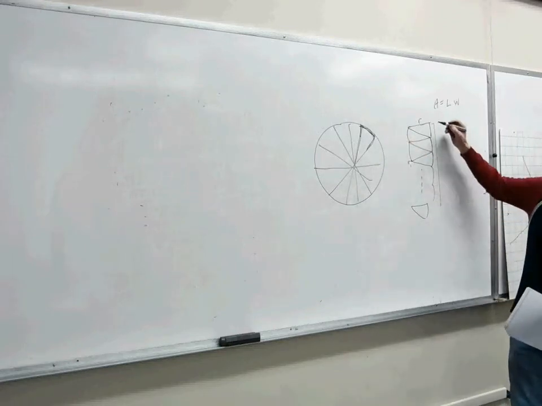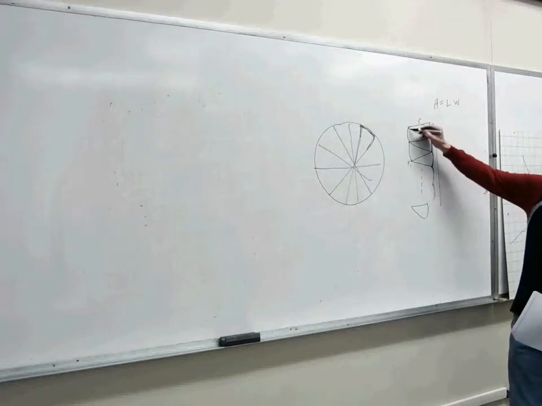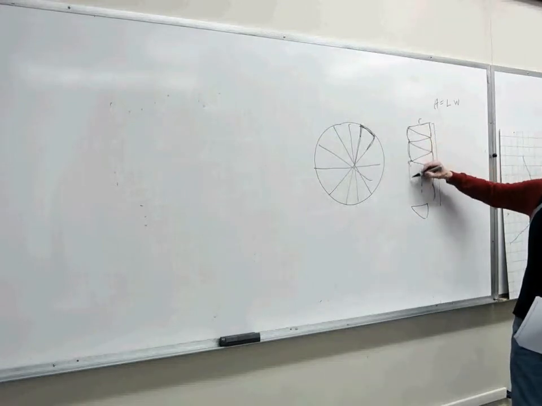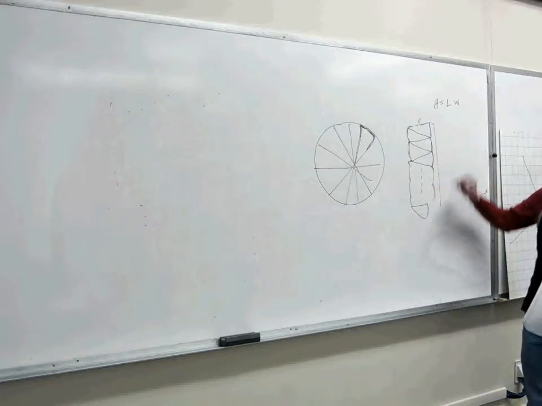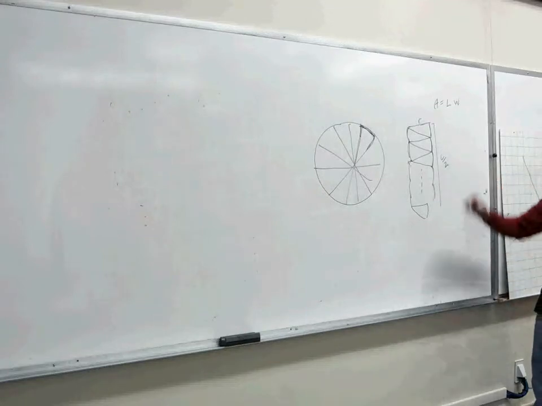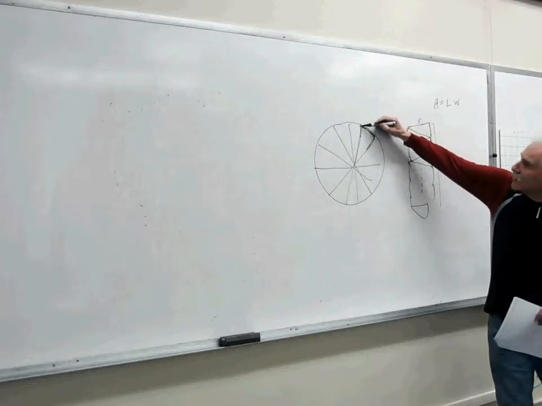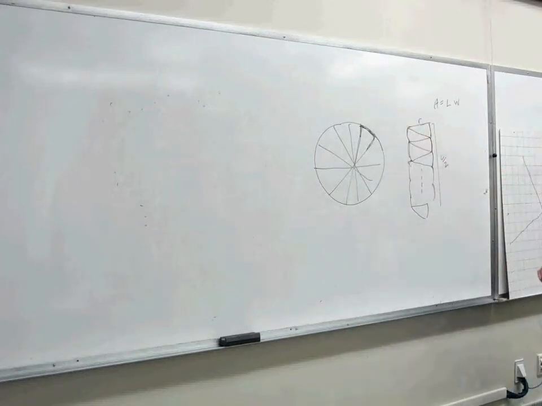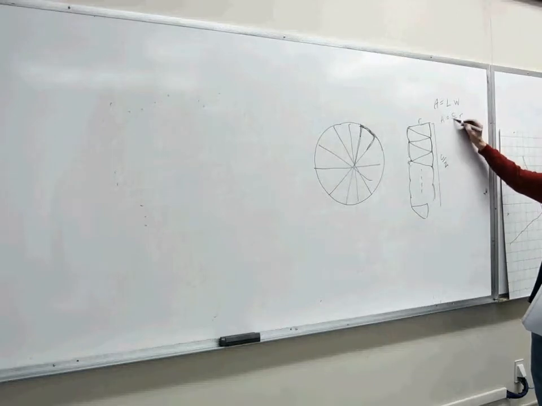Half of the circumference is on this side of my rectangle, and the other half is on the other side. So this length is the circumference divided by 2. These are all the curvy parts. So the area is the length, which is C over 2, times the width, which is the radius.